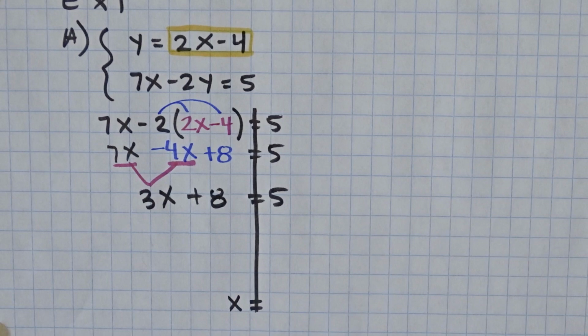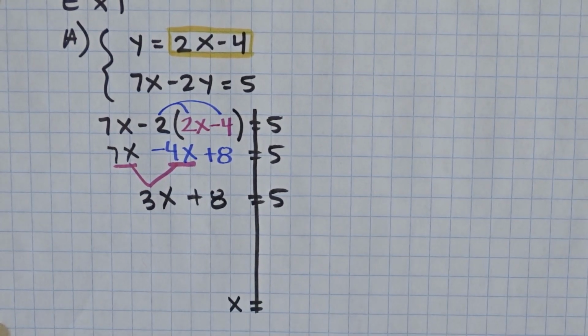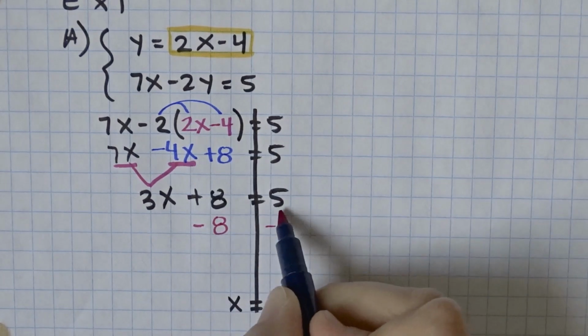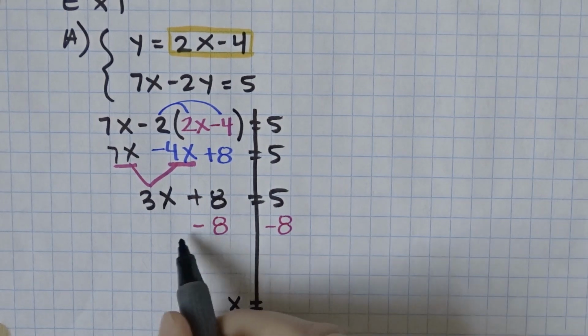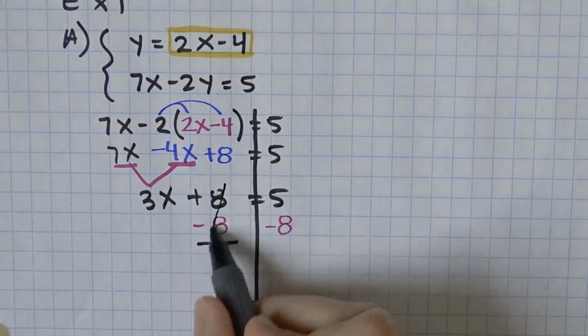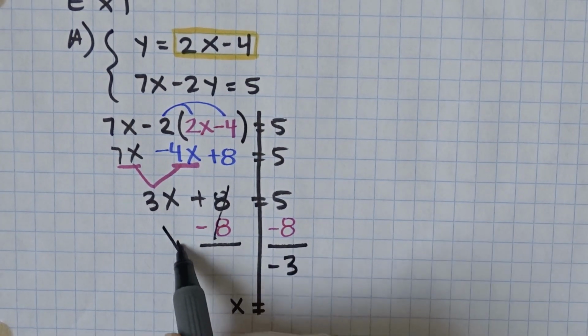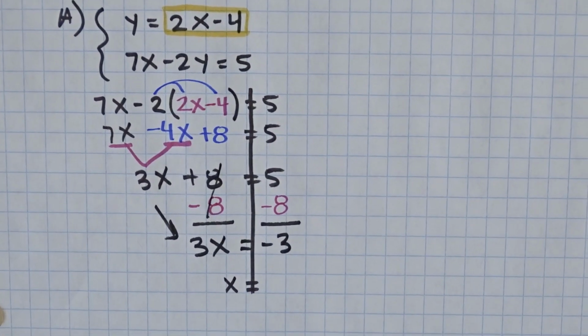And now I'm trying to solve it. The inverse operation of addition is subtraction. So subtract 8. And then now I'm going to get 0 here, negative 3 here. I'm going to bring down this 3x. Almost there.